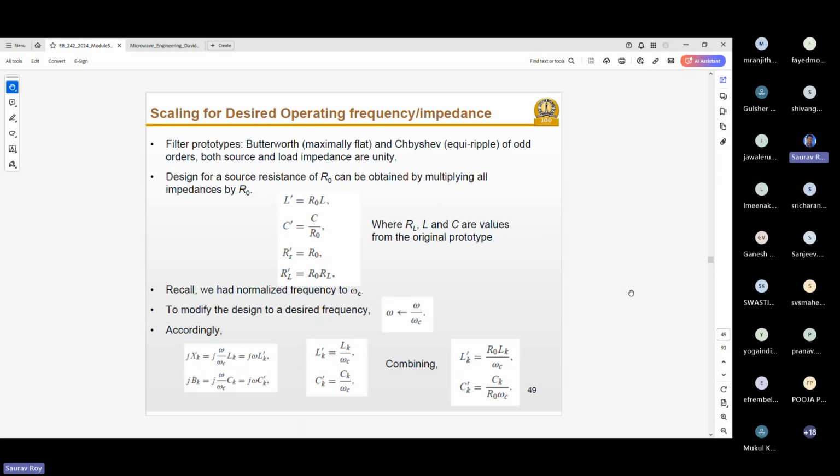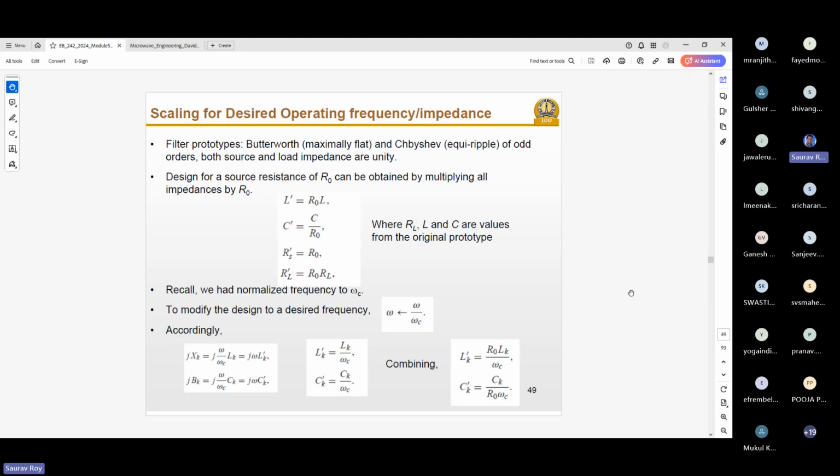So I think yesterday somebody asked at the end that the values or the units do not match. So yeah, that is right, because the values like LK and CK are actually normalized with respect to omega C and R0, the source resistance. Generally, while doing the calculation, they have taken a source resistance of 1 and cutoff frequency of 1.